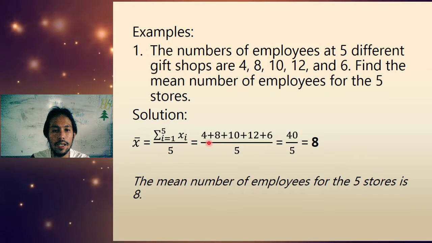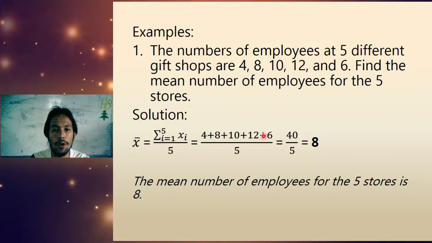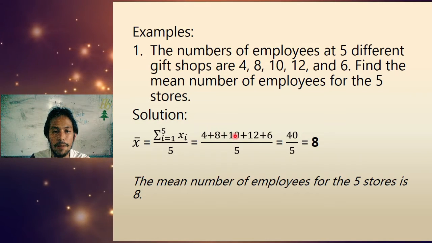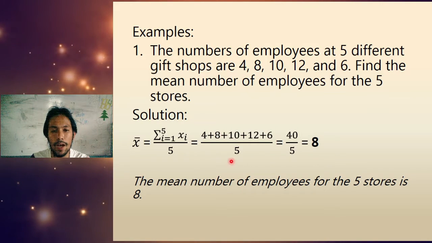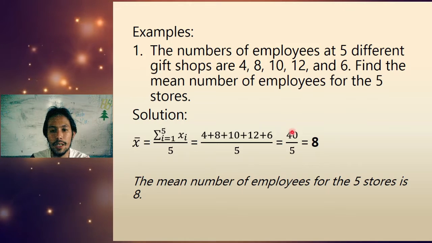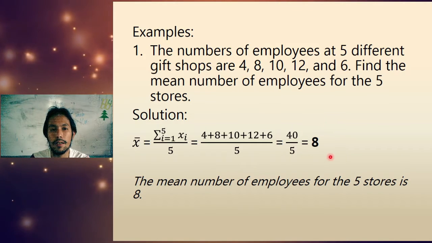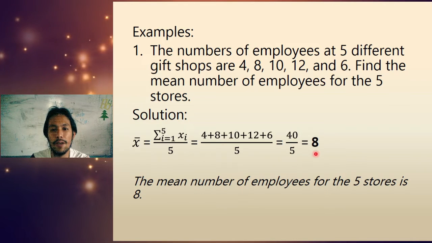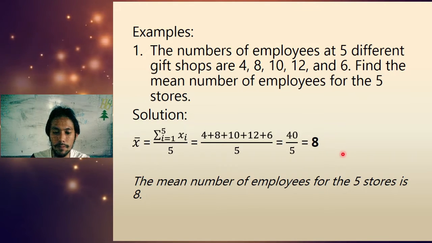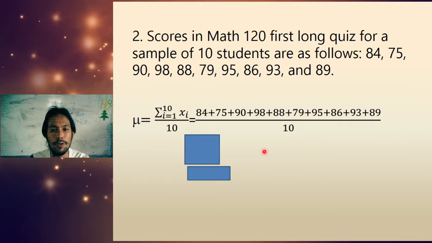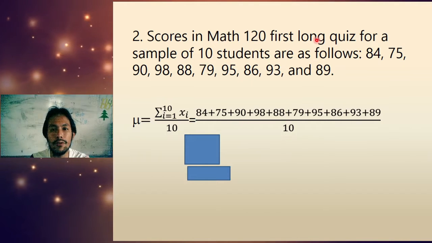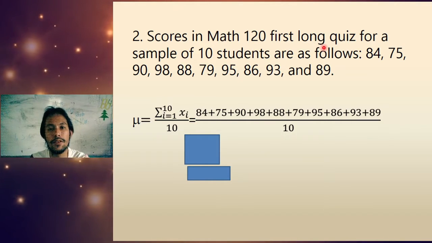So, long form nato, 4 plus 8 plus 10 plus 12 plus 6 over 5, so equals 40 over 5. So, ang mean number of employees for the 5 stores kay 8.